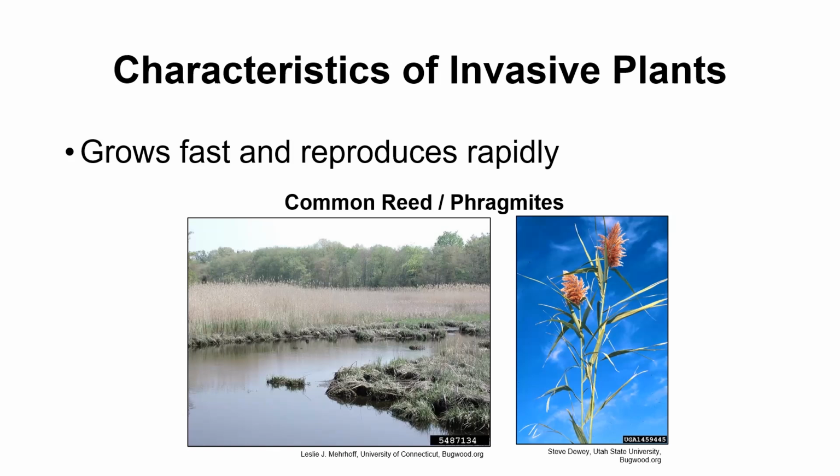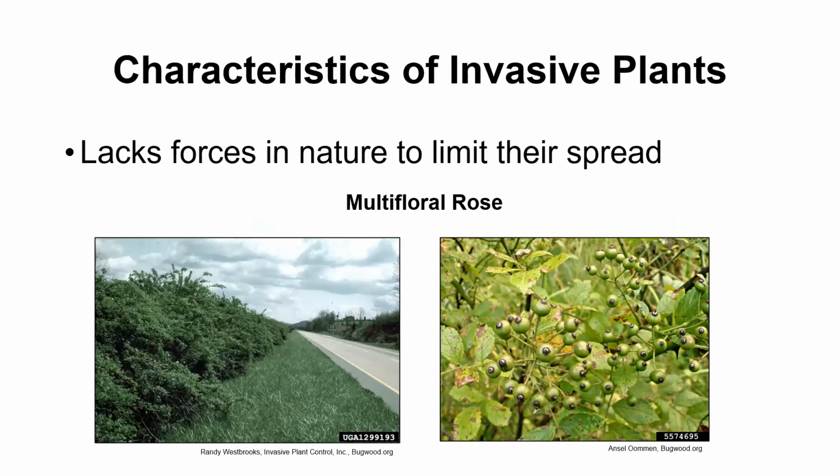Invasives also lack forces in nature to limit their spread. In addition to all of the reproductive advantages, they lack natural predators. There aren't animals or insects that feed on the plants in order to keep them in check. Most often, humans don't harvest them or use them.